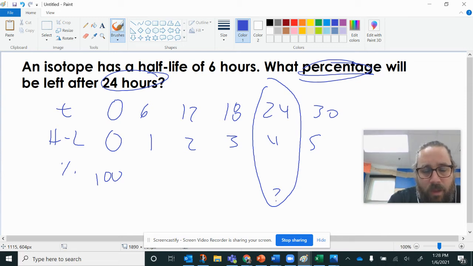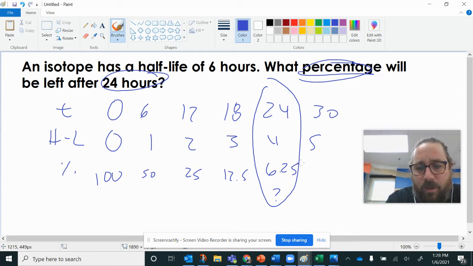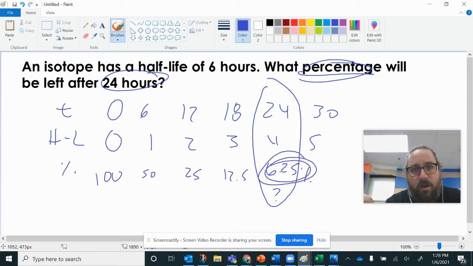So half of 100% is 50%, half of 50% is 25%, half of that is 12 and a half, and half of that is 6.25%. So that's my answer for this question. Easy. All you have to do is just set up the table. Don't forget to zero it out at the initial moment, and you can do those.